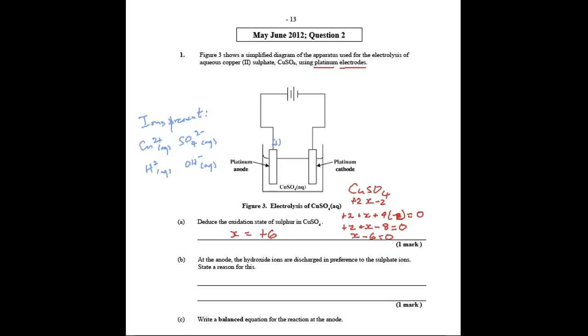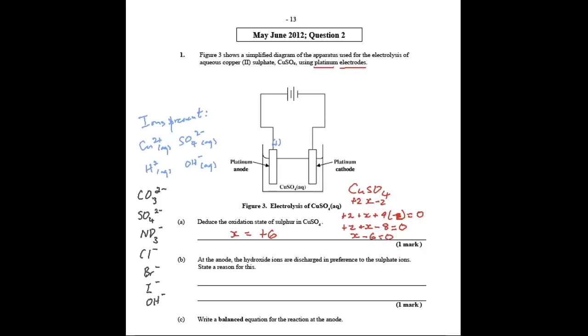And the reason is simply because OH- ions are lower in the electrochemical series of anions. So for the electrochemical series of anions, we have carbonate, sulfate, nitrate, chloride, bromide, iodide, OH-.